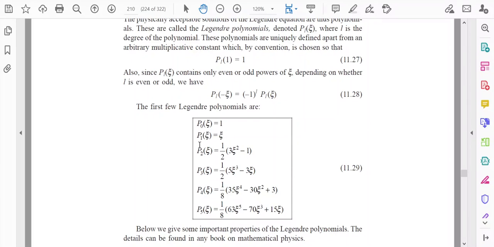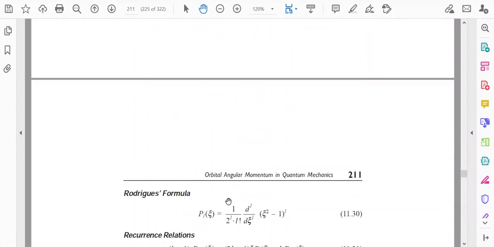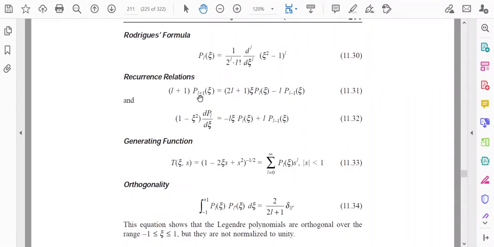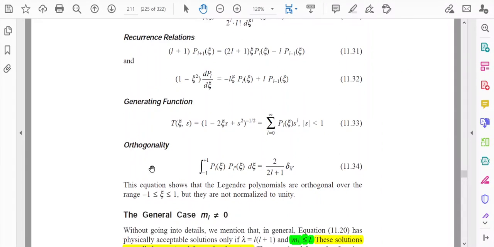For L equal to 1, P1 zeta will be zeta, in this way. Details of these concepts, for example, the Rodrigues formula, recurrence relation involving the Legendre polynomial, generating function, orthogonality relation, all these you can find in any standard mathematical textbook, and we are not discussing the details of Legendre polynomials here.